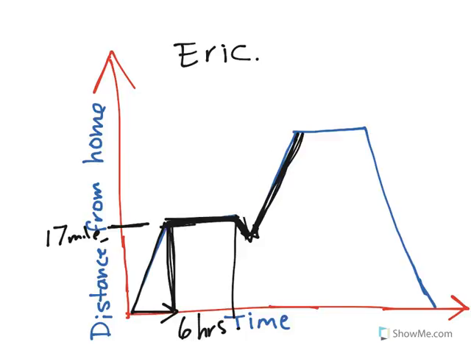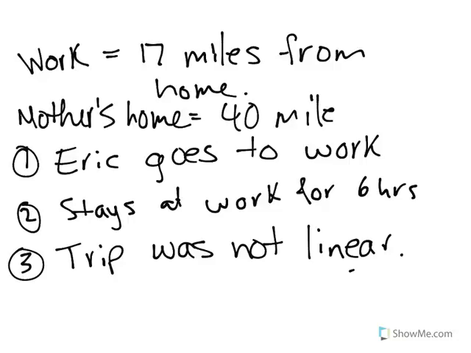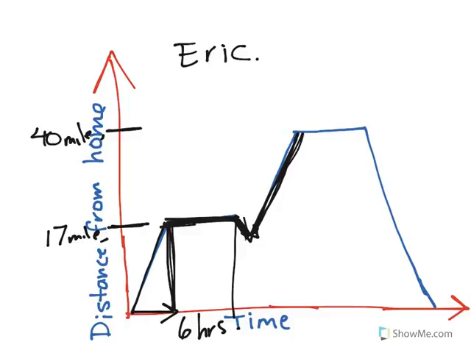But then he went somewhere pretty far away. Let's say this is equal to 30 miles from home. I don't know, this scale would be too bad right here, so 40 miles. And let's say that his mother's home is 40 miles from home. Now we know that he went to his mother's house, and stayed there for a while.